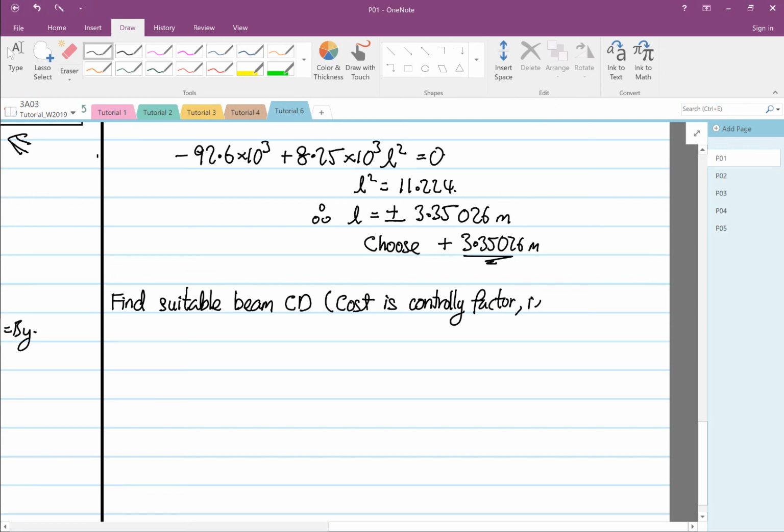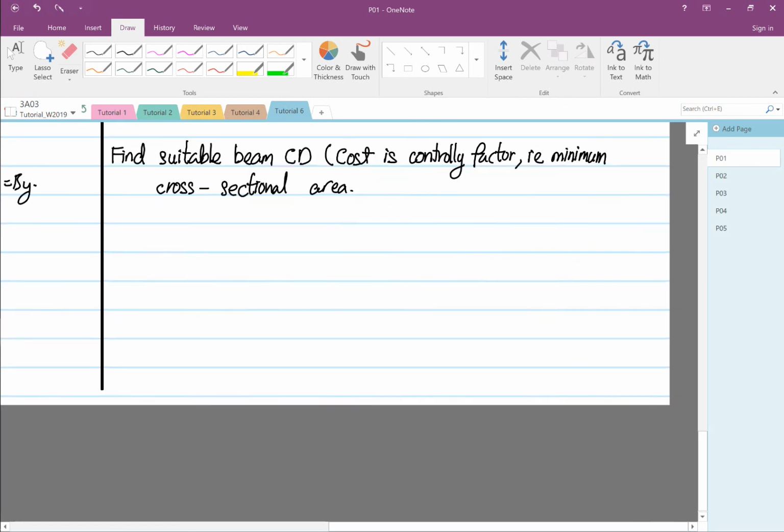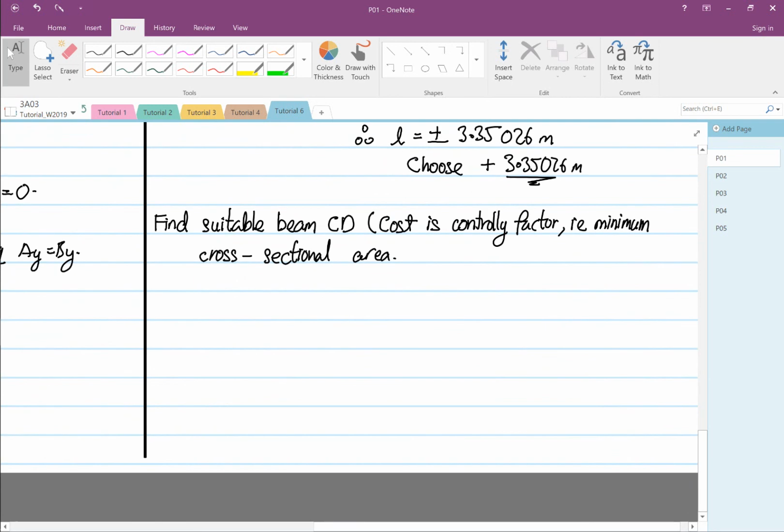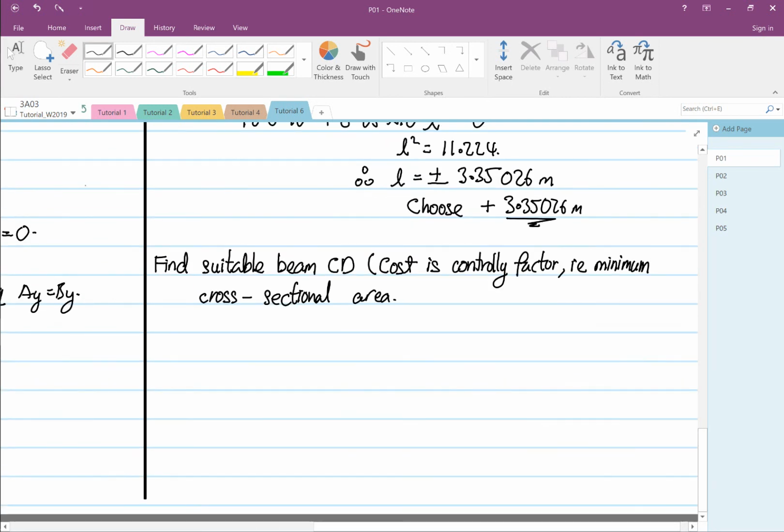So, minimum cross-sectional area. Okay, then again the beam will fail at the center, so we're going to go midway.